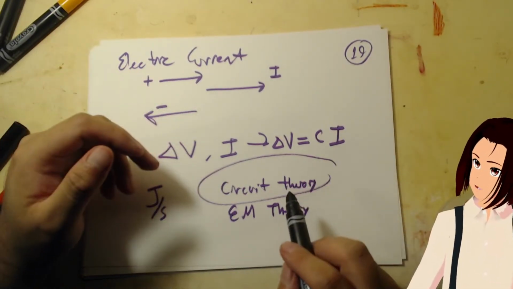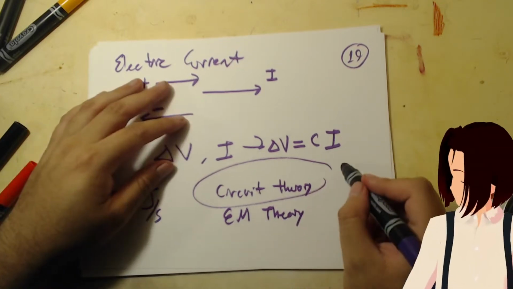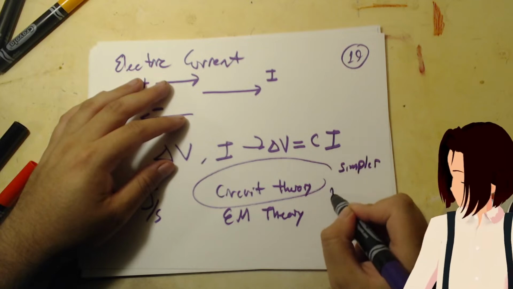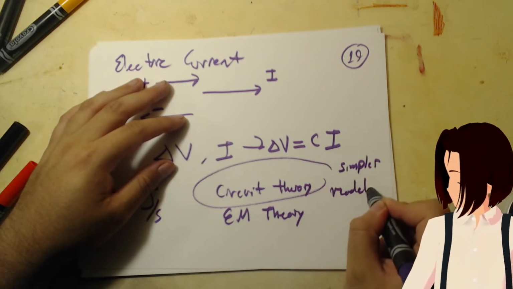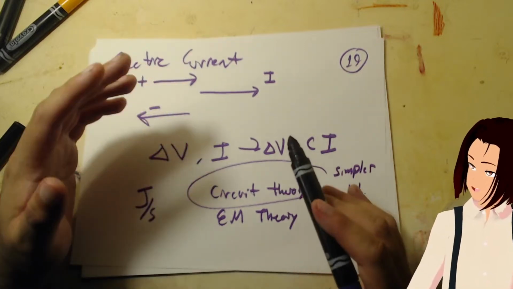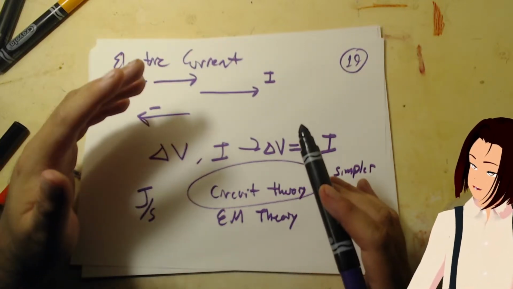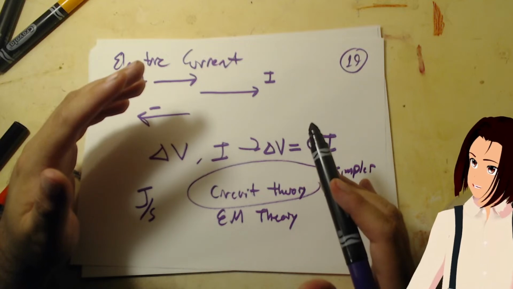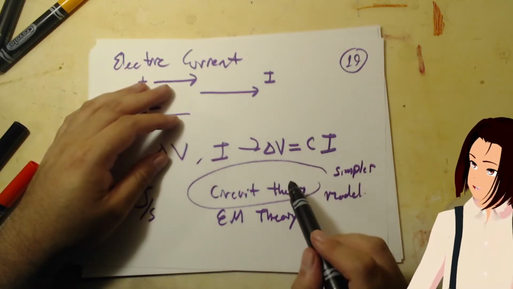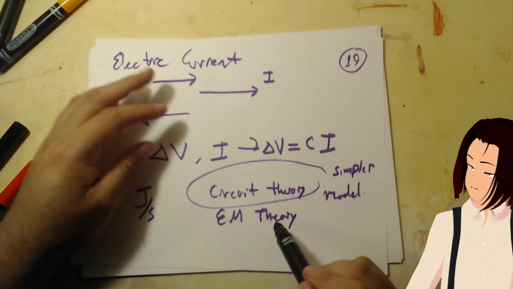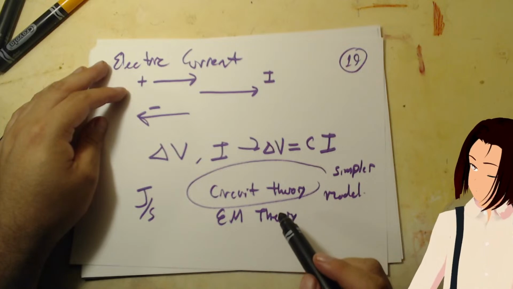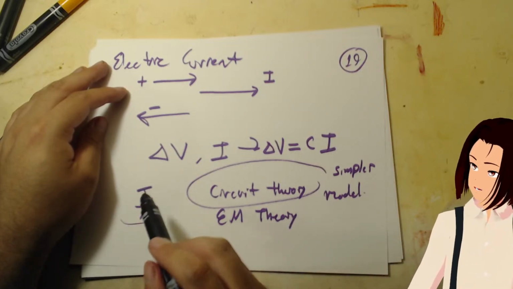If we can understand circuit theory, we can have simpler models compared to EM theory. A lot of the methodologies for electric circuit design are based off circuit theory, but circuit theory itself is based off EM theory. We could use EM theory plus other physics to find the power delivery per second.